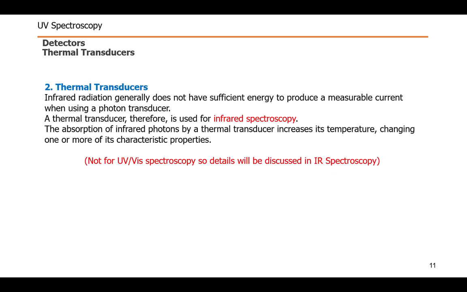The absorption of IR photons by a thermal transducer increases its temperature, and it changes one or more of the characteristic properties of these detectors, and these properties are directly proportional to the heat or the temperature. Hence they are good detectors, but for IR radiation the detail will be discussed in IR spectroscopy.